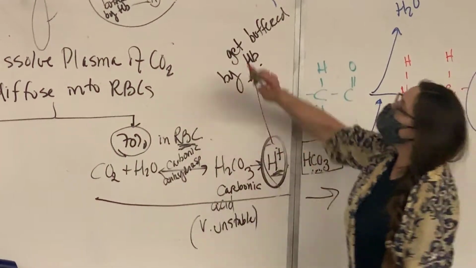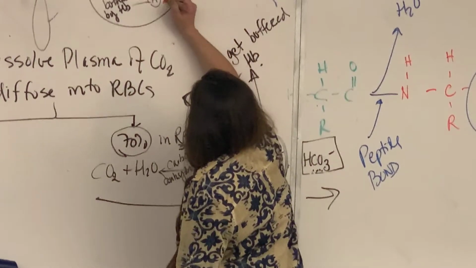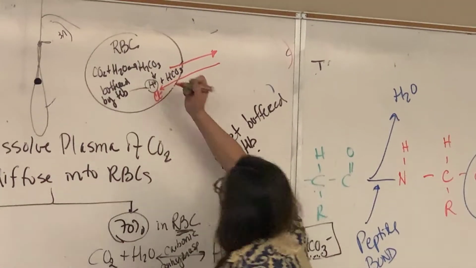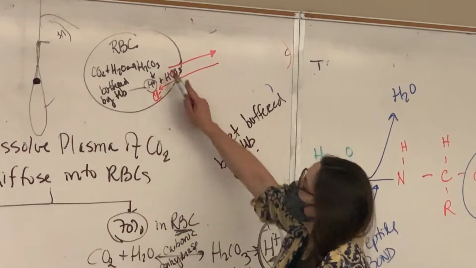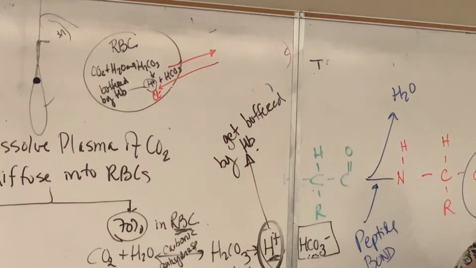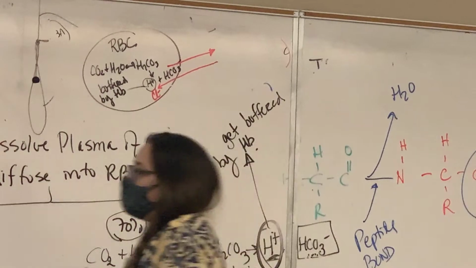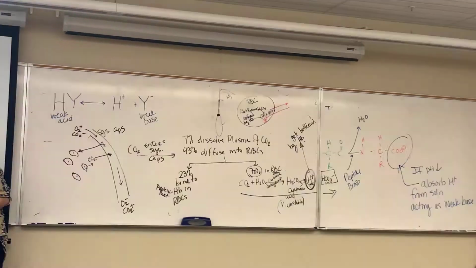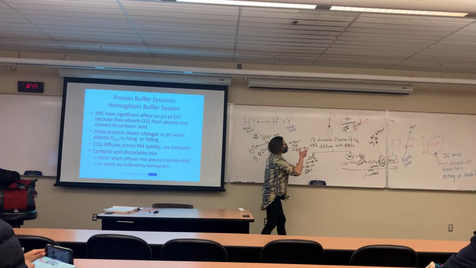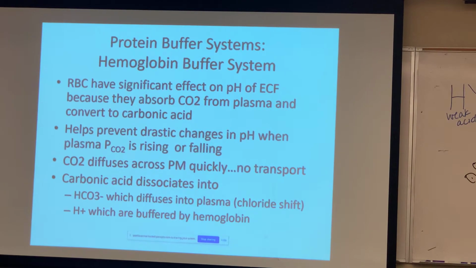As that bicarb is transported out of the cell, we also transport something into the cell, and that something is chloride. So the way we get that bicarb out of the red blood cells is through a transporter that moves bicarb one direction and chloride the other direction. That is called your chloride shift. You exchange the bicarb that's produced with chloride.